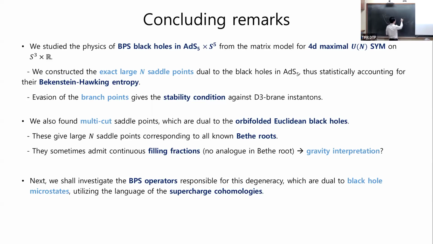If A equals B, then it means that you have precise cancellation between boson and fermion. That can happen, but in supersymmetric theory it's more likely. This is BPS states, not the non-BPS pair.